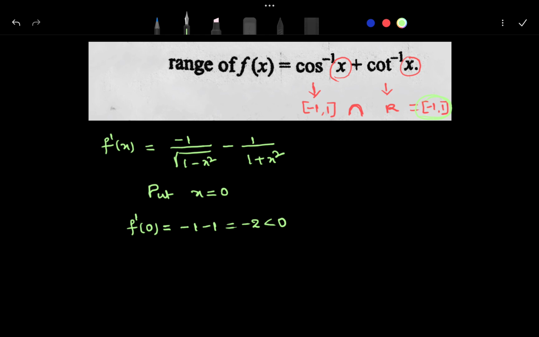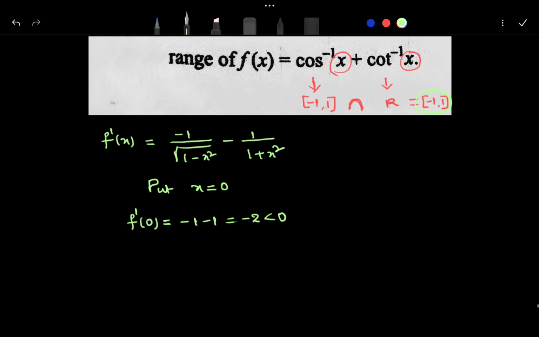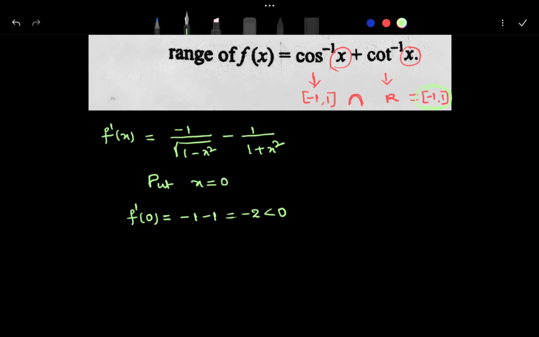For any value, if you substitute it in the derivative and it gives a negative, that indicates that f of x is a decreasing function. Why? We already know this from differentiation, in the concept of increasing and decreasing, or monotonic functions. See here, I will tell you once again.